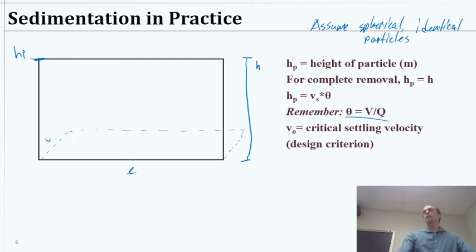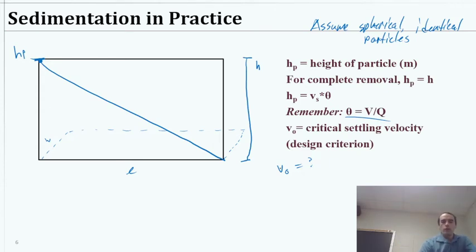And what we want is to find a critical settling velocity. So we want some equation for V naught, to know that, given a particle that starts at the top, it has to reach the bottom before they leave. What's that equation for V naught?